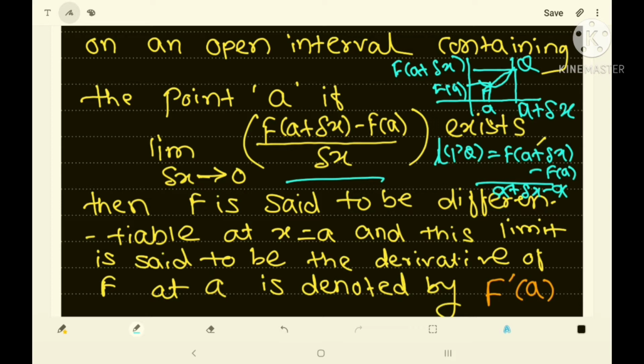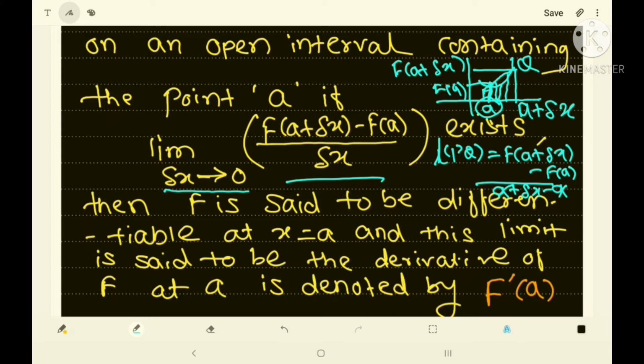Now see, after that I told you I want to move this q. If I have one chord and this is rotating again and again, moving again and again, then I want one point like this, q becomes p. It means this distance is decreasing, tending towards my a here. Now if this distance is tending towards a, it means delta x is tending towards what? 0.